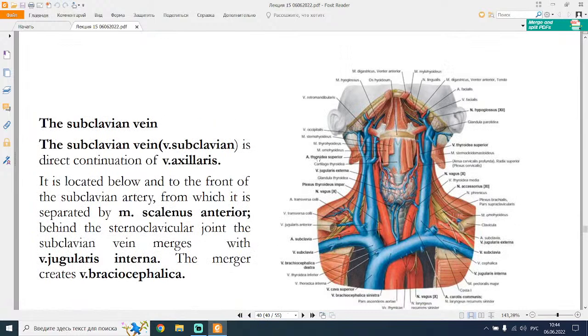Next, the subclavian vein. The subclavian vein is the direct continuation of vena axillaris.